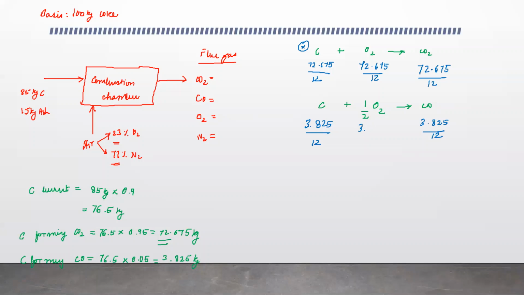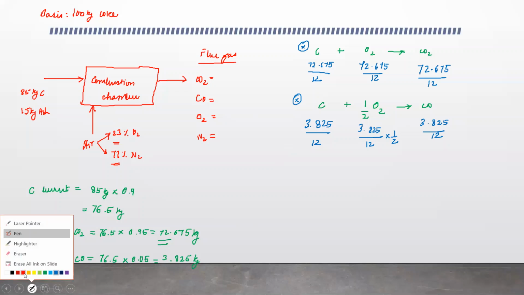So that's going to be 3.825 by 12 into 1 by 2. This is what we have from the stoichiometry. So we'll keep this with us, and then we'll go further towards the question.